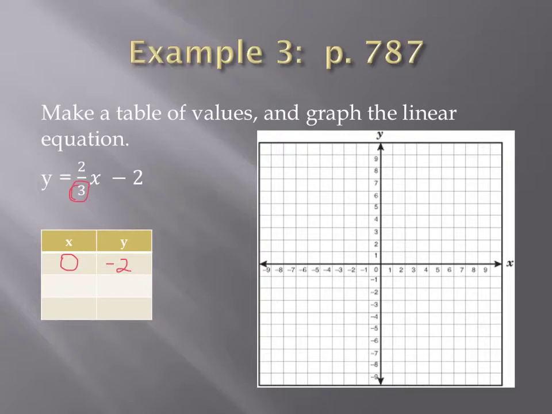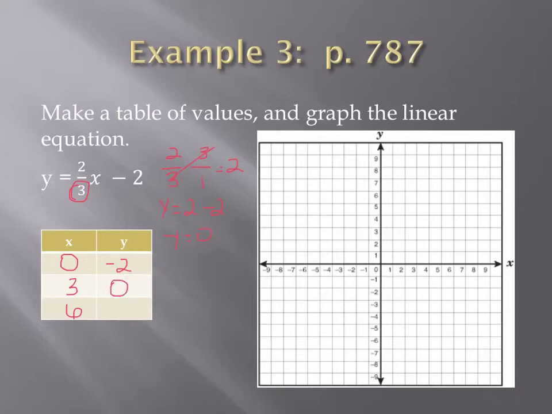So let's make x be equal to 3. And then we'll do another one where it's equal to 6. So I have 2/3 times 3 over 1 equals 2. So that's y equals 2 minus 2, which is 0.